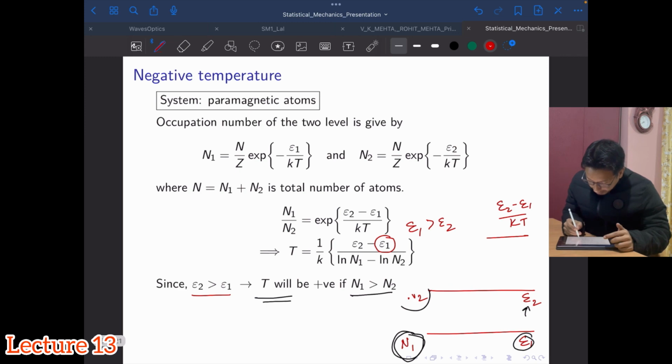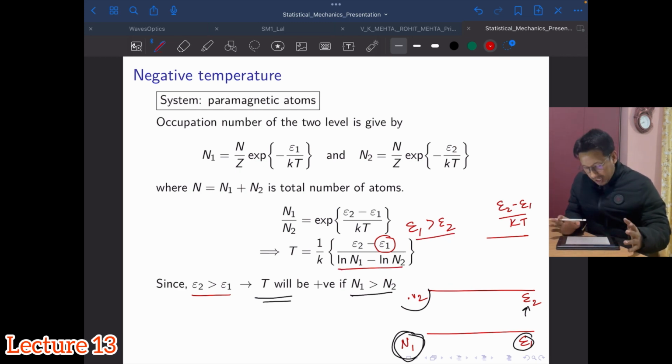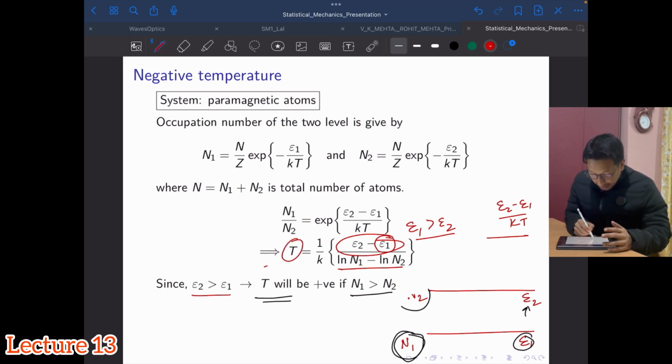If that's the case, the denominator is positive, no change. However, on the numerator, as you have seen here, E1 is greater than E2, so it will lead to a negative temperature state.